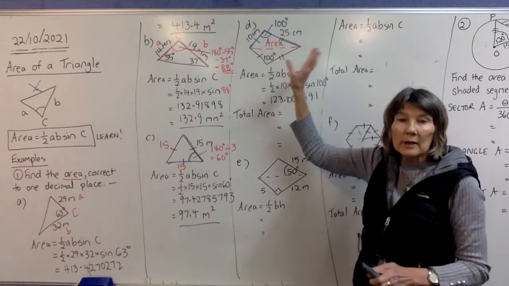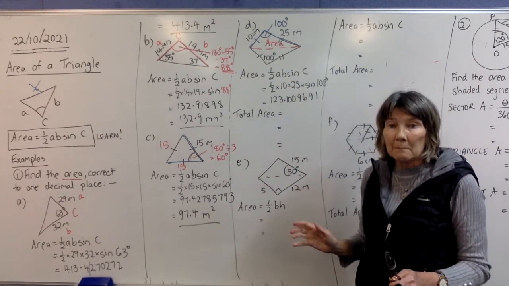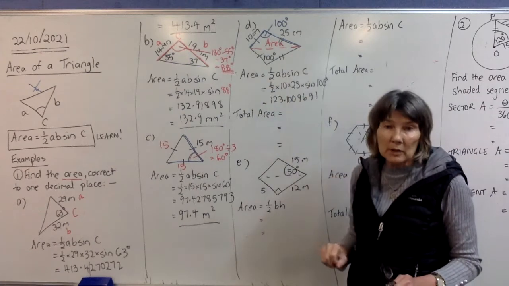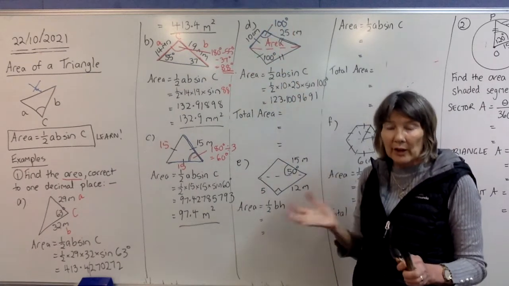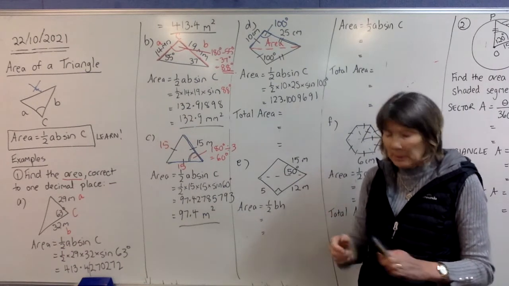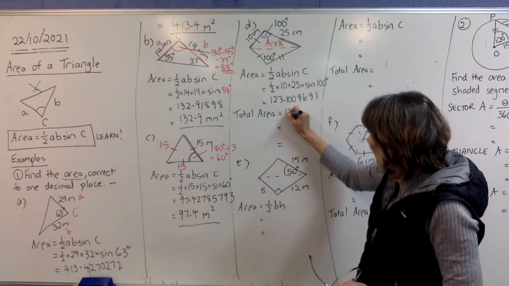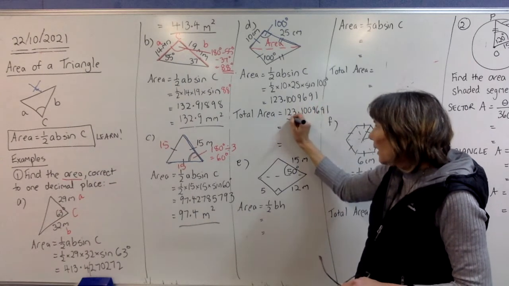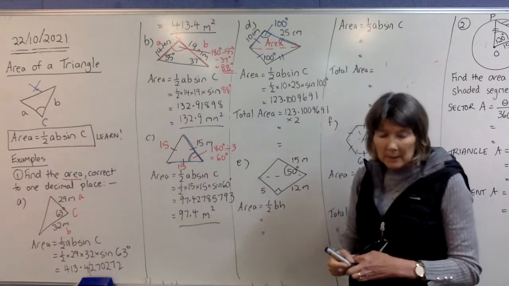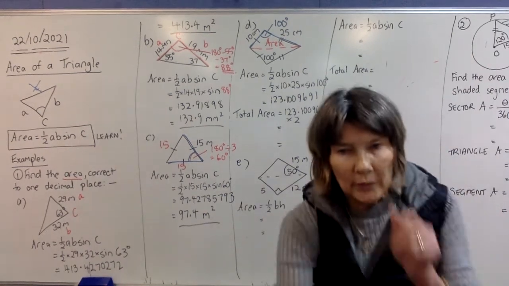But these two areas of the two triangles will be identical because this is an axis of symmetry. So that top area and the bottom area will be mirror reflections of each other. Their areas will be the same. So we're going to take that 123 answer we got just then, times by 2, because those two triangles will be the same. So you've still got that answer there.